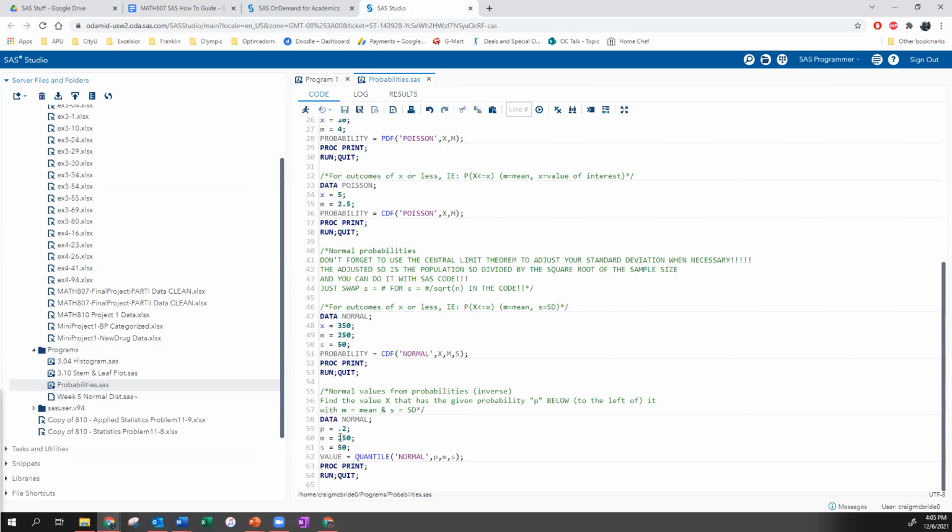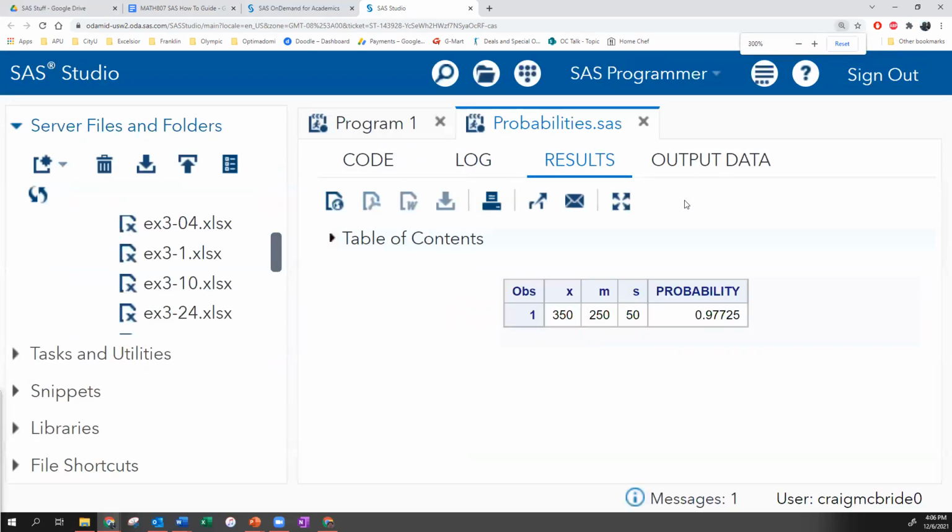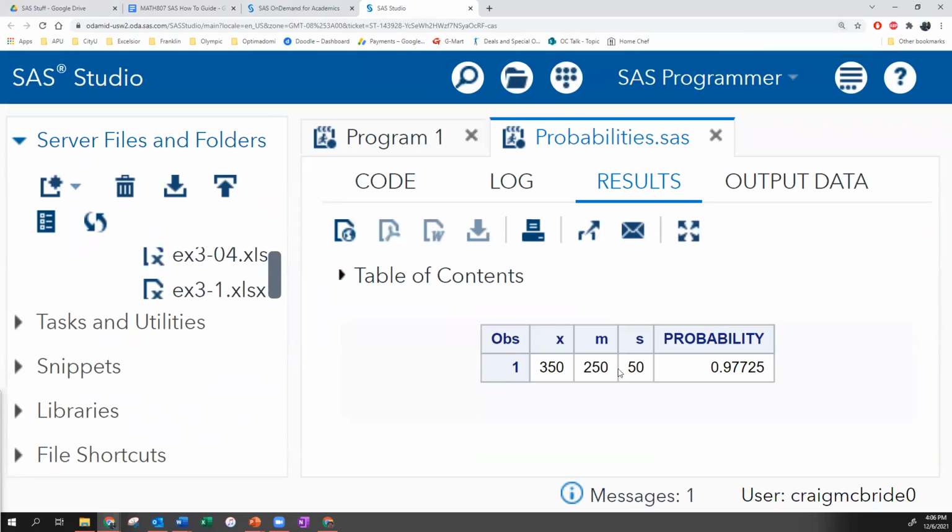If I want to run normal, I just highlight the normal rows and hit run. And then there's my probability where my mean is 250, my standard deviation is 50, and this is the probability that we're 350 or less, or less than 350, which is the same thing, basically to the left of 350.